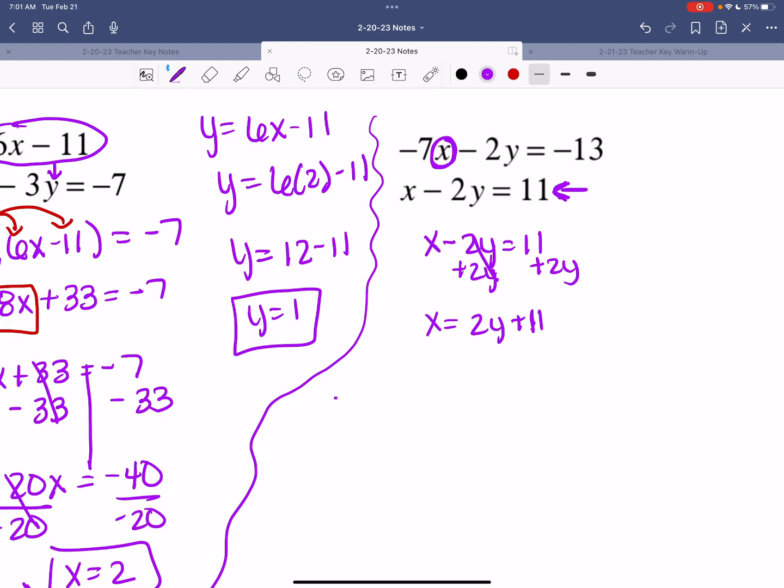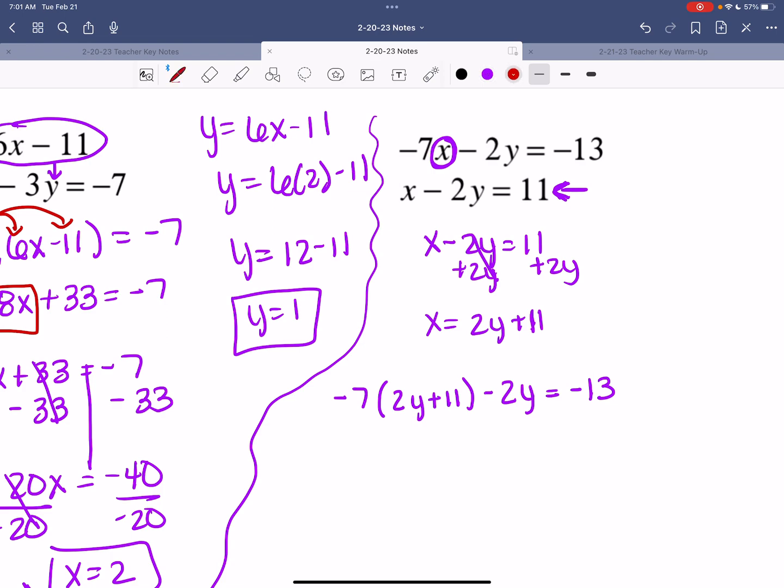So I'm going to take negative 7 times (2y plus 11) minus 2y is equal to negative 13. Whatever one you decide to solve for, x equals or y equals, remember it should be done in one easy step.